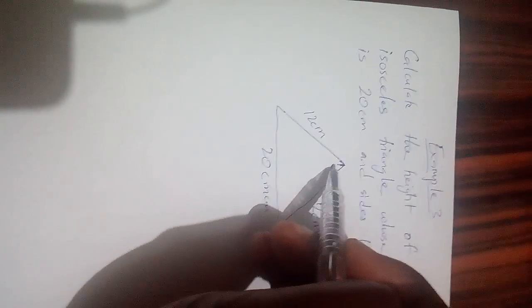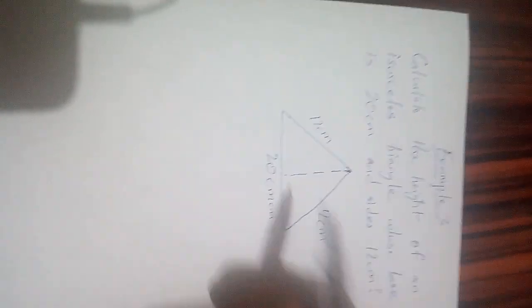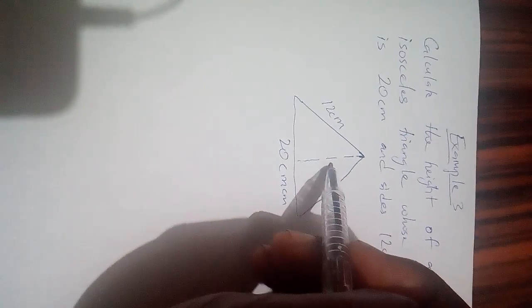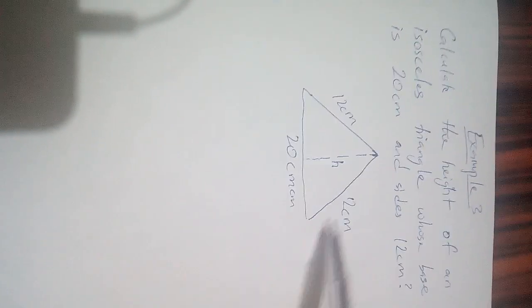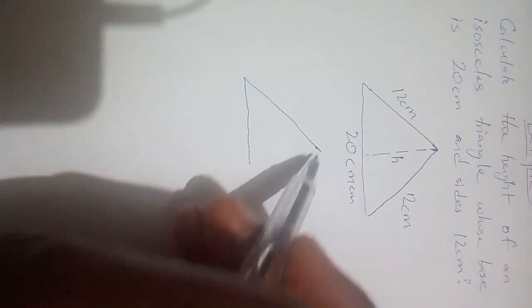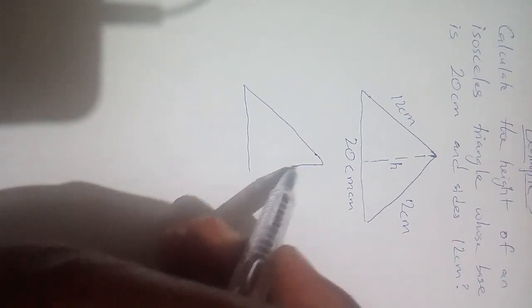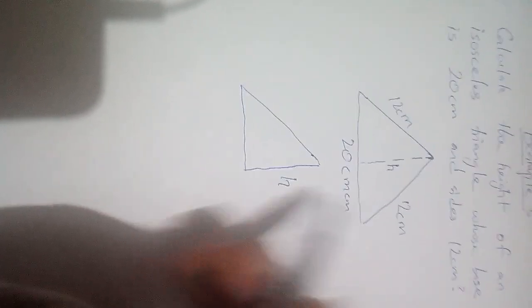We're being told to find the height. This is the height of the isosceles triangle. So we can call it h. And that's what we're told to find. Now, how are we going to create a right angle triangle from here? This is what you're going to do. We already have this side, right? So this is your height.